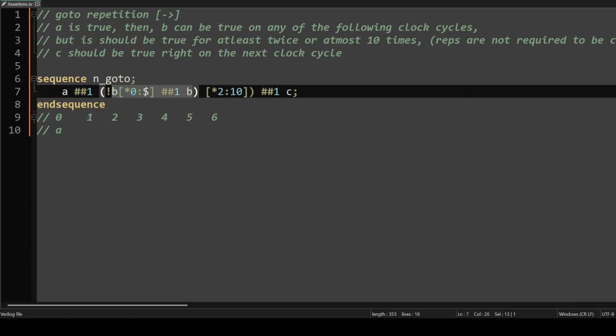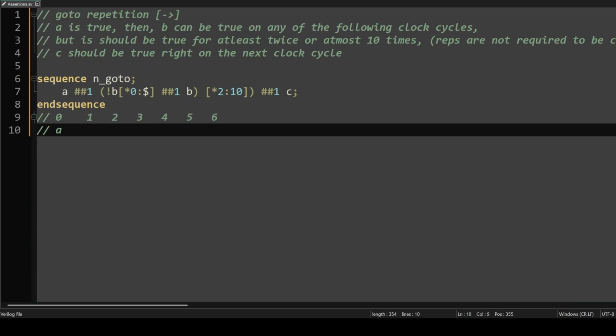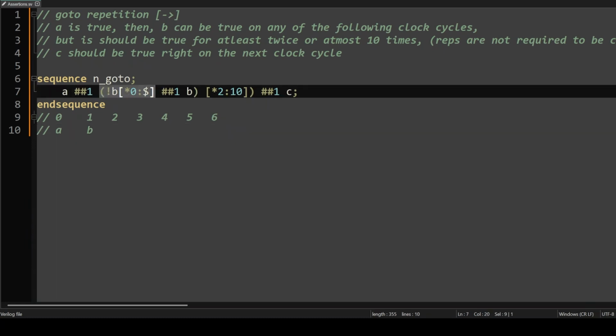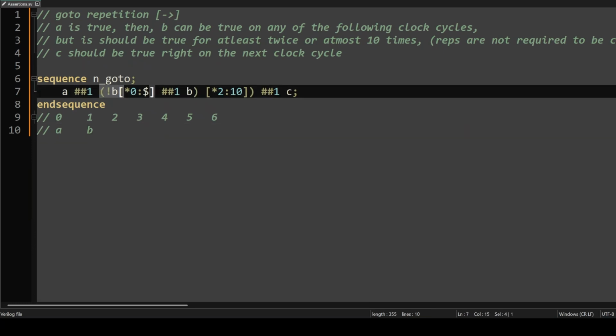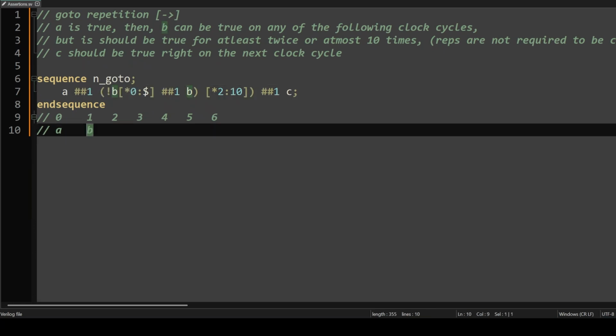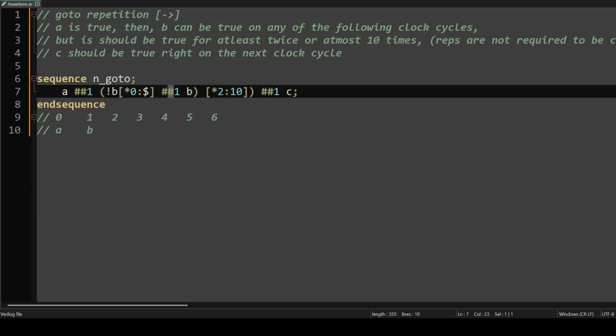Then this condition ensures that B could be true at any of the following clock cycles. So B could be true right on the next clock cycle. It is because we have mentioned that B cannot be true for at least, remember this is a consecutive repetition, for at least 0 times, which also satisfies that B is not true for 0 times, and right after that B is required to be true.